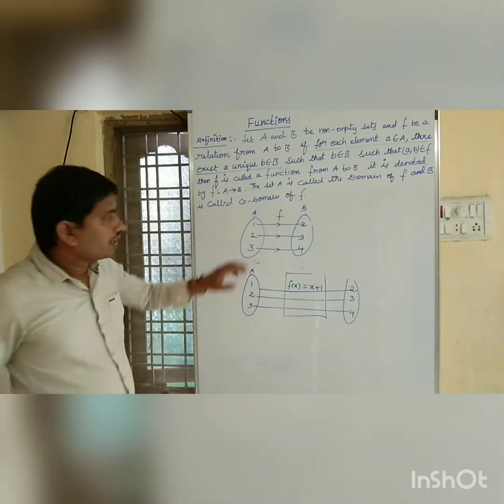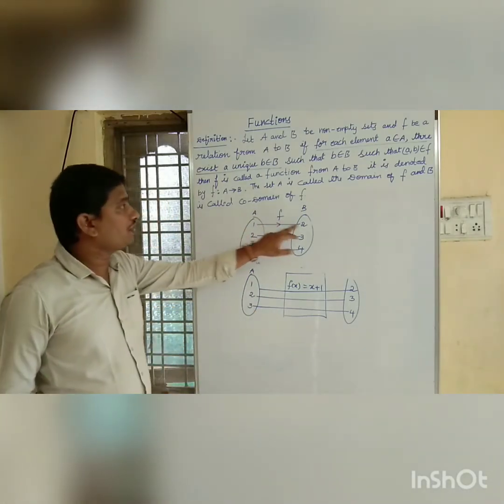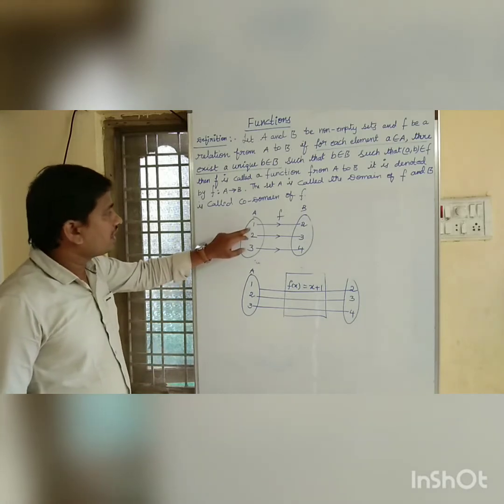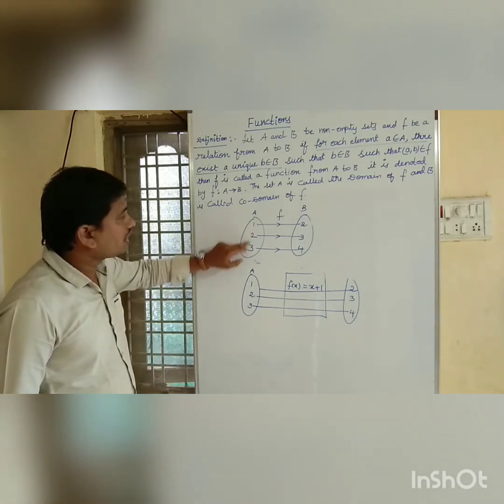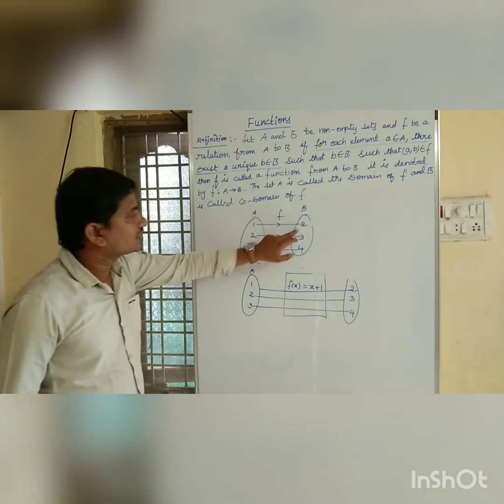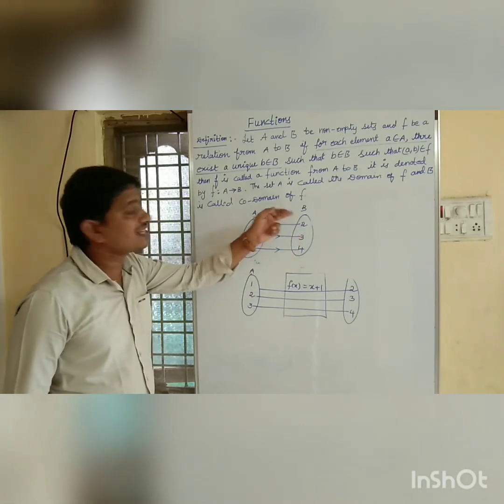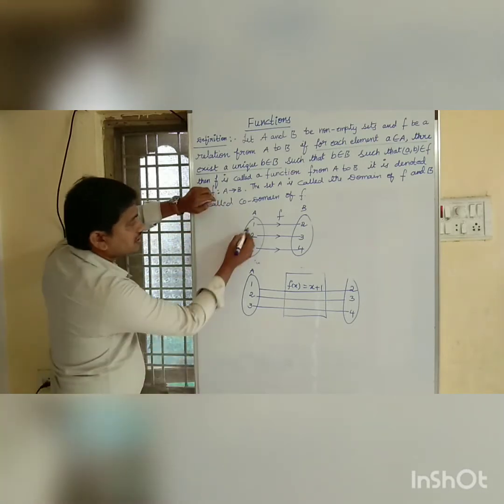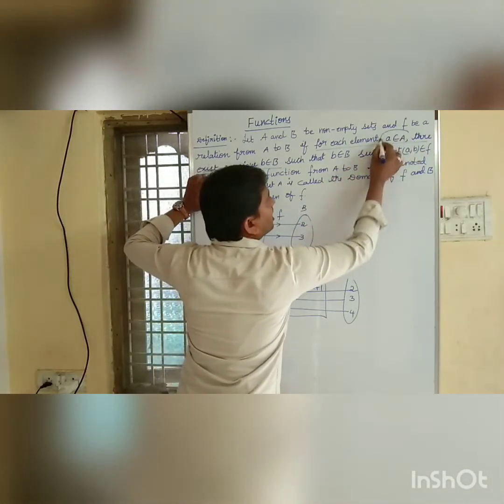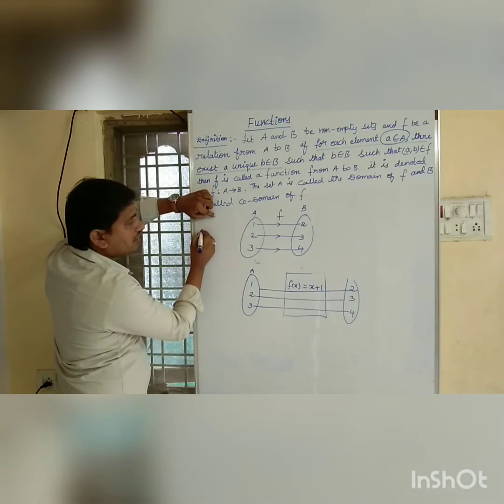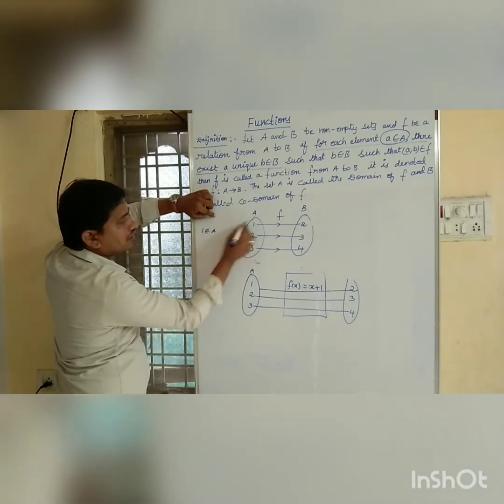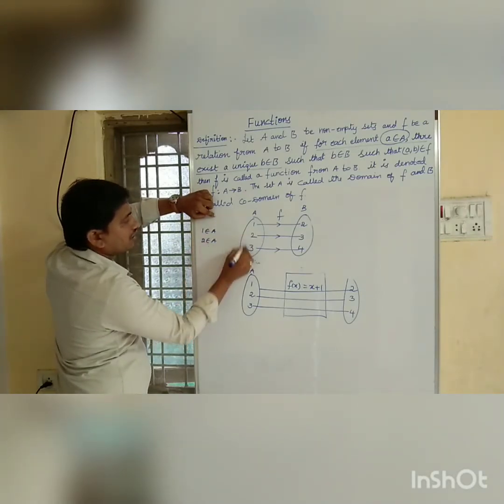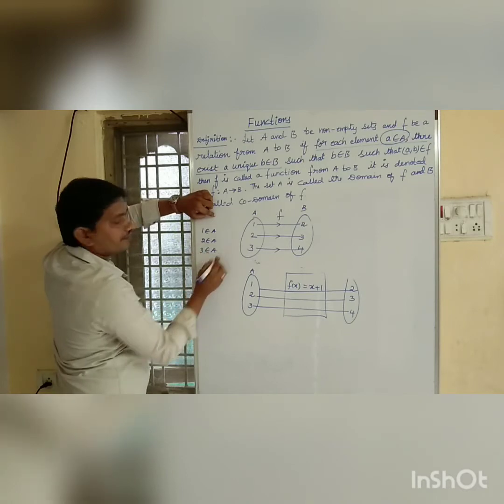So here f is a relation from A to B. Here 1, 2, 3 are called elements of A, and 2, 3, 4 are called elements of B. What is the meaning of each element of A belongs to A? Here 1 belongs to A, 2 belongs to A, and 3 belongs to A.